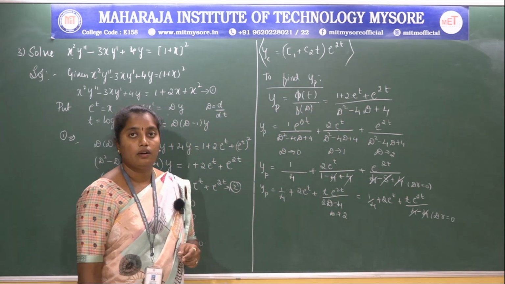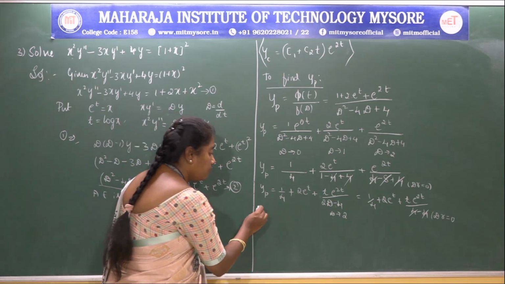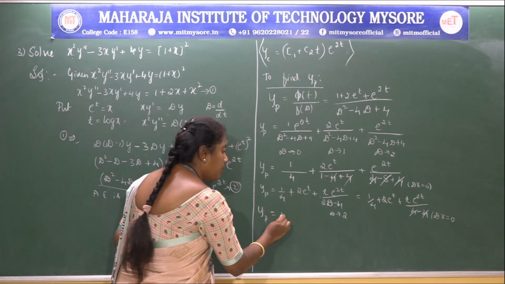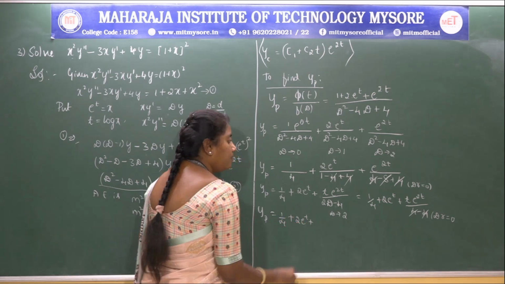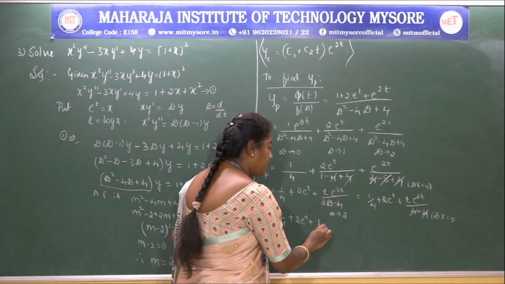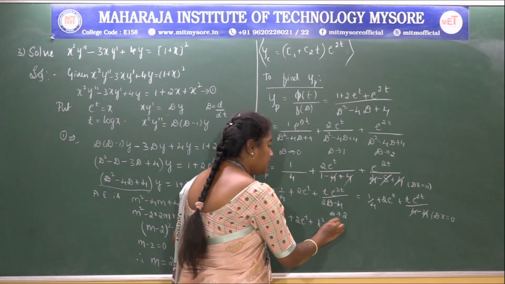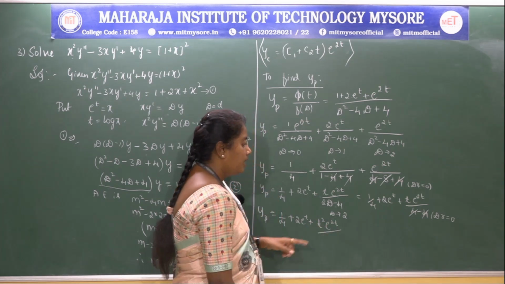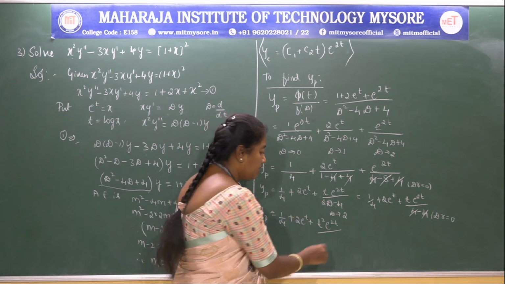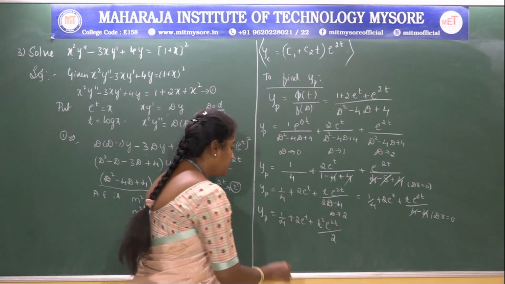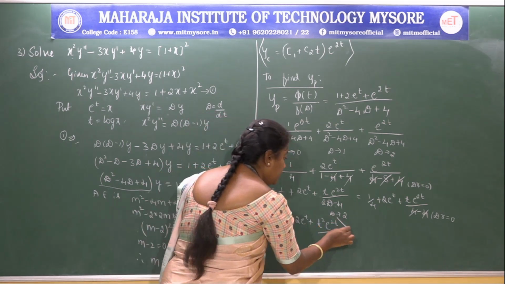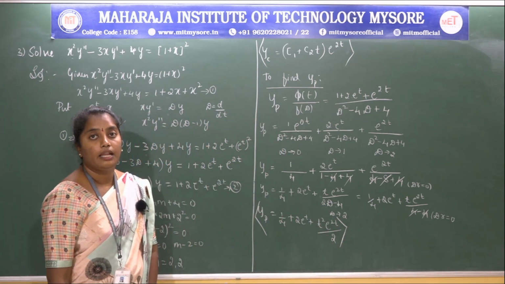Since the value of the denominator term is equal to 0, we have to continue one more time. 1 by 4 plus 2 e power of t. We have to multiply again the variable t to the numerator, t square e power of 2t, and the differentiation of the denominator is 2. 2d is there, differentiation of 2d is equal to 2, and this is the particular integral value.